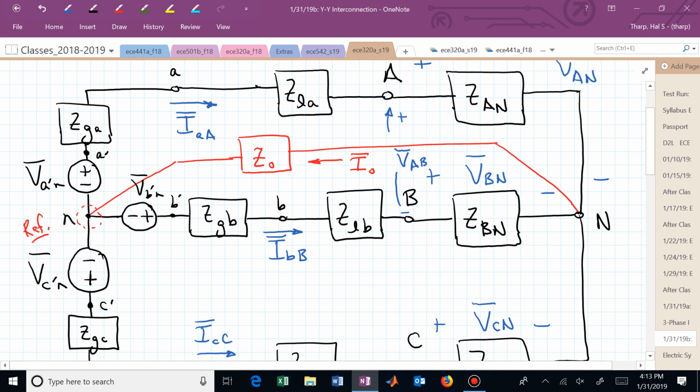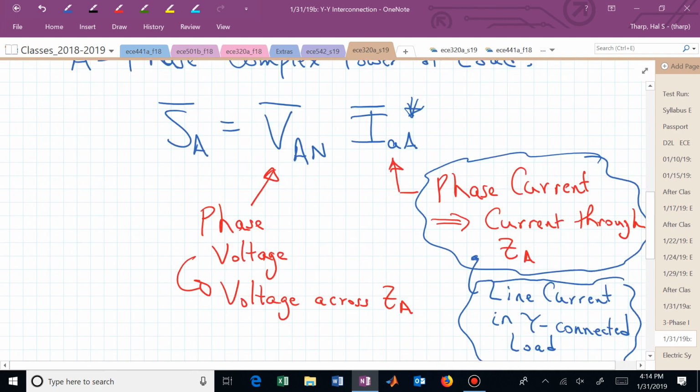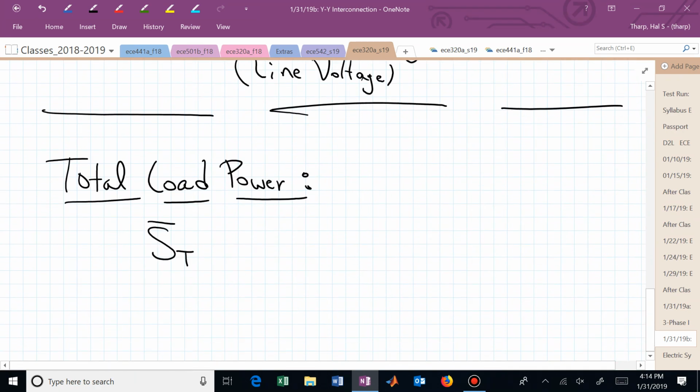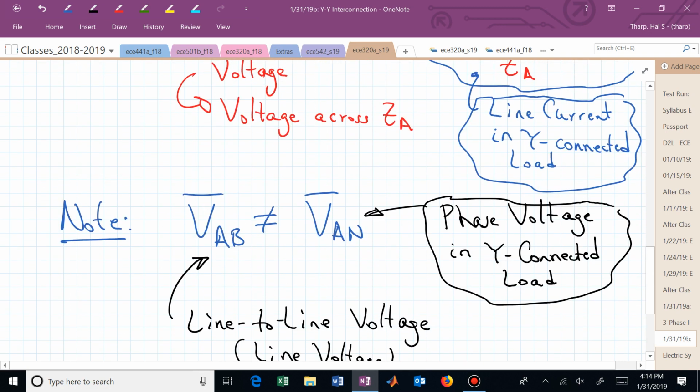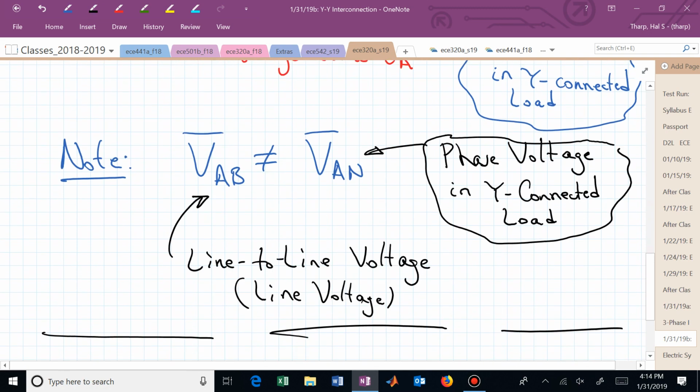We have the A phase, the B phase, and the C phase, and we have to account for all three. If somebody says, what's the total load power, usually they'll be implying the total complex power of the load. So the total load power you could compute as S sub A plus S sub B plus S sub C. Did I call that S sub A? Yes, I did.